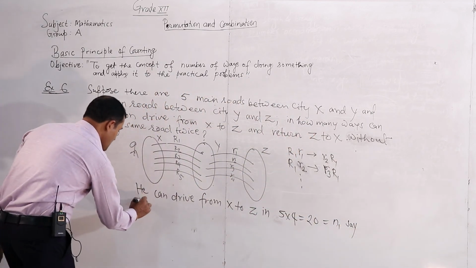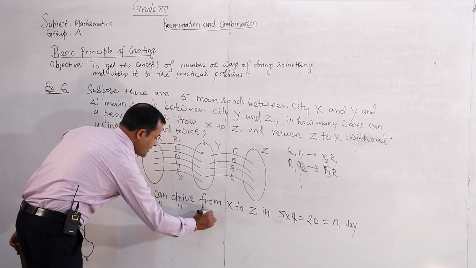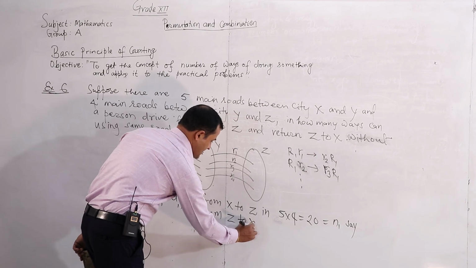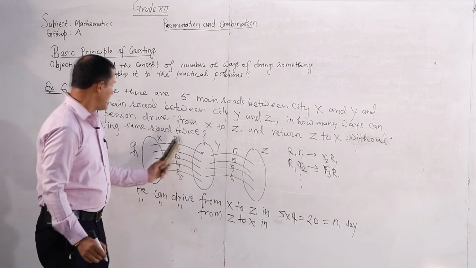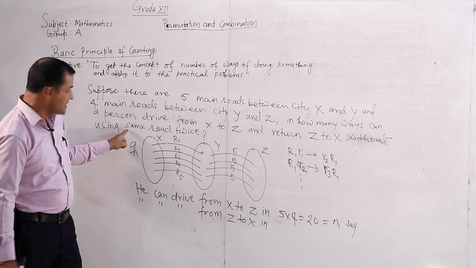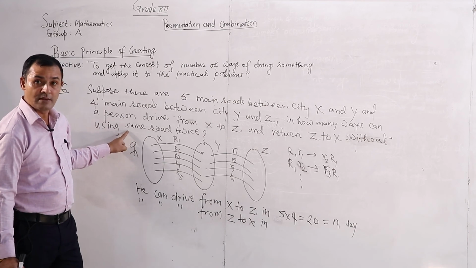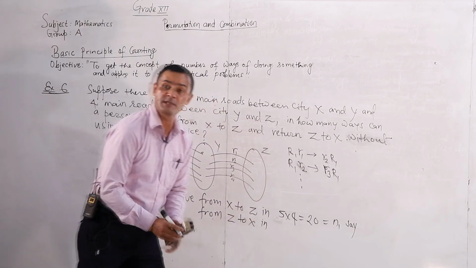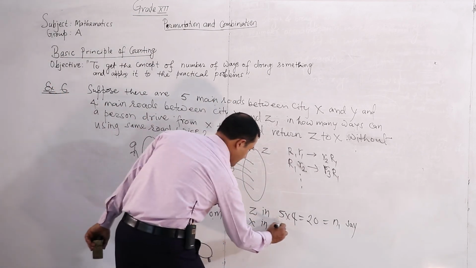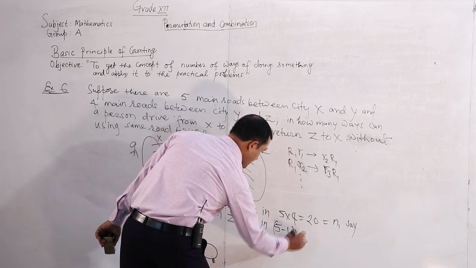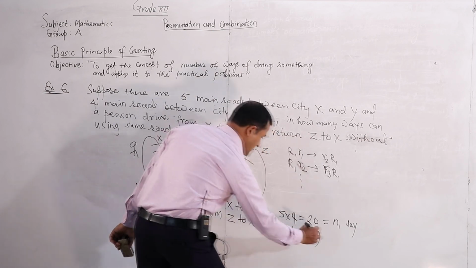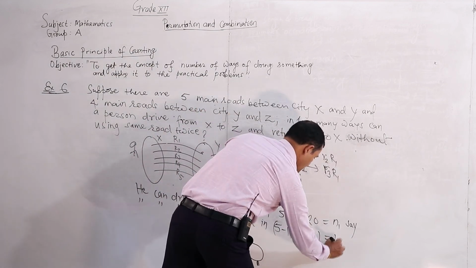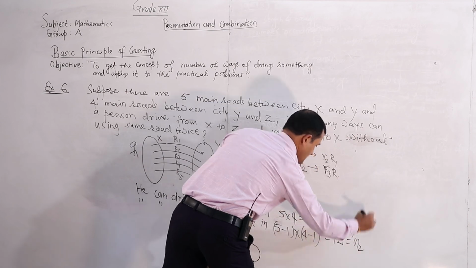And while returning, he can drive from Z to X in. Now, as per the condition of the question, he cannot use the same road twice. That's why we subtract 1 in the respective choices. So 5 minus 1 multiplied by 4 minus 1, which is 4 and 3, 12, equal to N2, say.